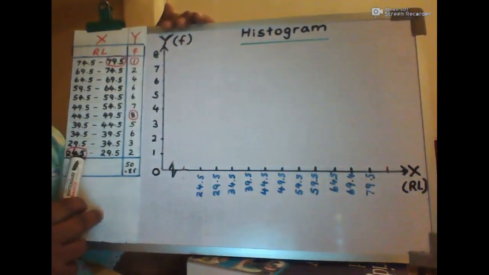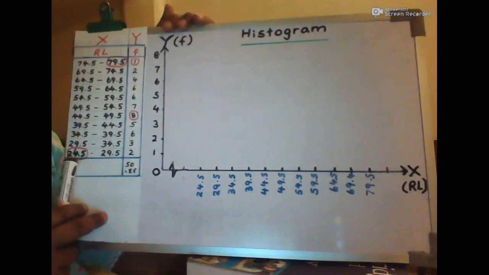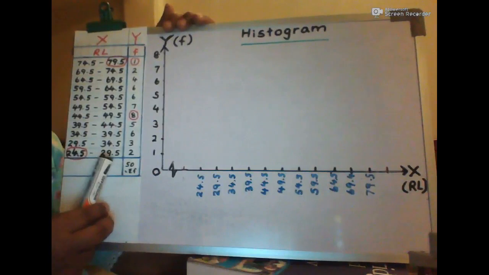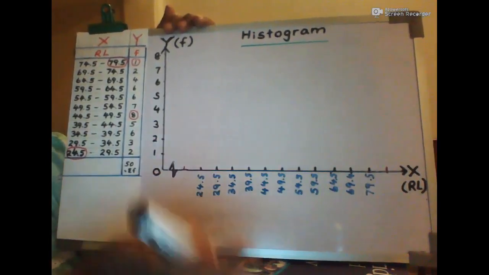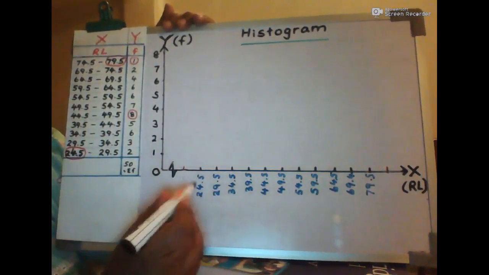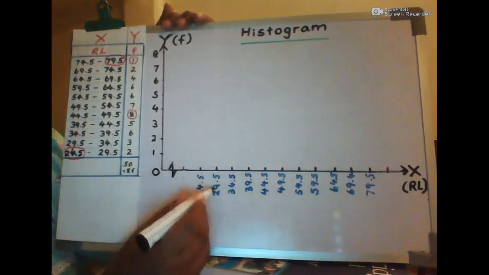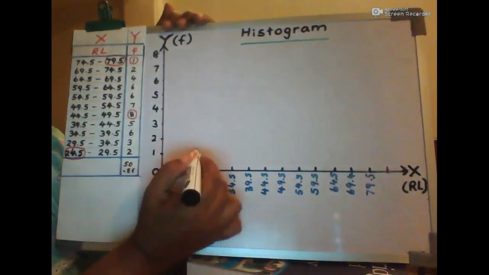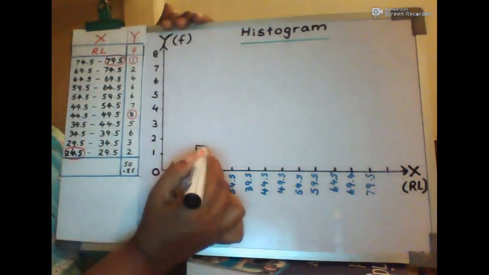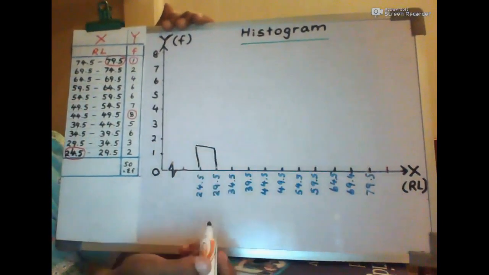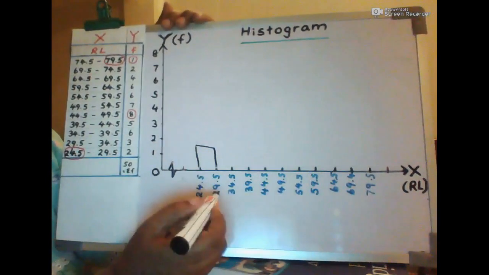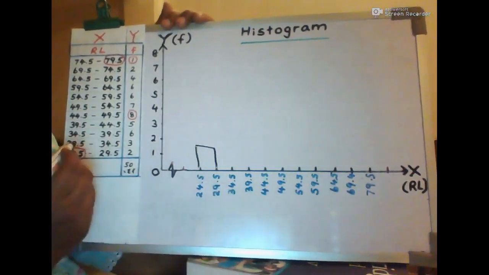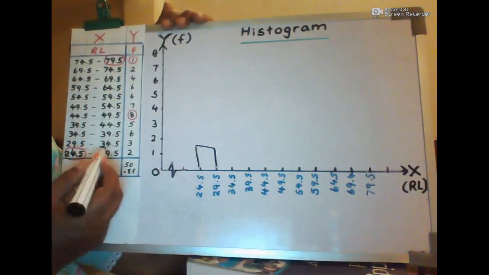Now, there are two students who have scored marks between 24.5 and 29.5. How many students? 2. Then 29.5 to 34.5.